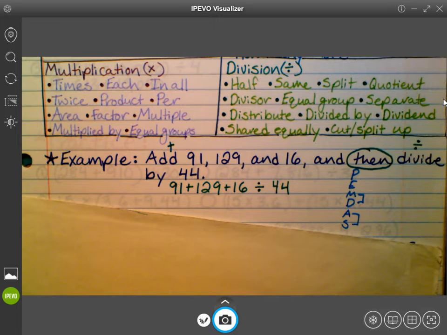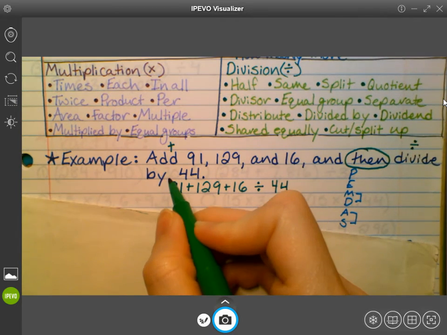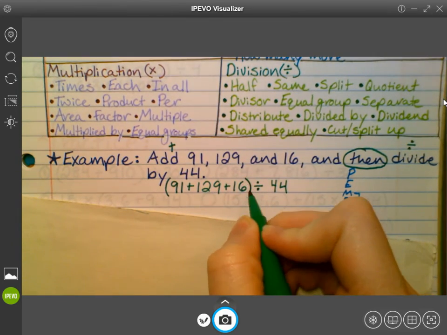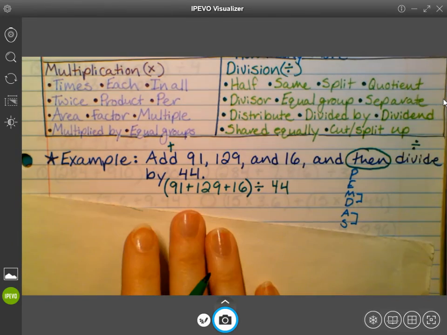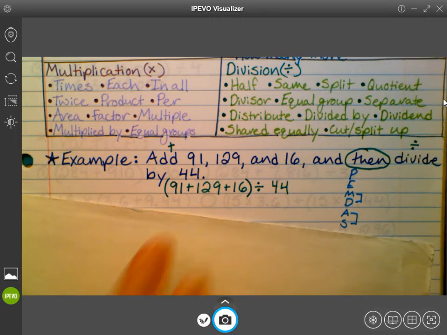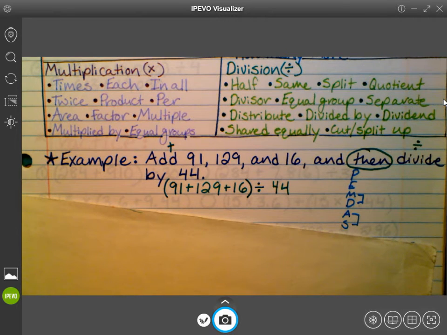I need to put parentheses around 91 plus 129 plus 16. Now, am I adding before I divide? Yes. So 5th grade, whenever you see in a number sentence, or in a sentence, that you're supposed to do something before something else, it never hurts to put parentheses around the first step.